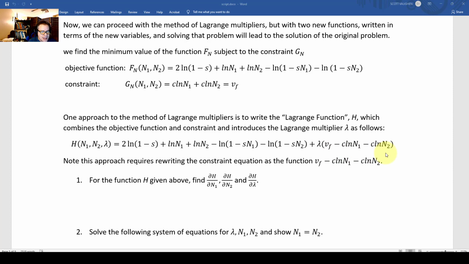Now, this is a mechanical step-by-step process of completing the Lagrange multiplier method, but I can take a few minutes right here to explain visually what's going on, and then I'll go through the rest of these steps and then come back and try to connect that visual understanding maybe one more time.